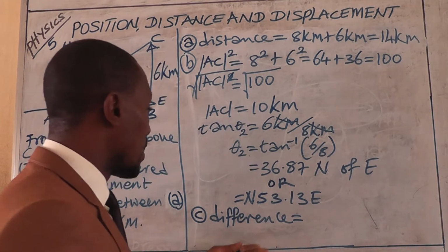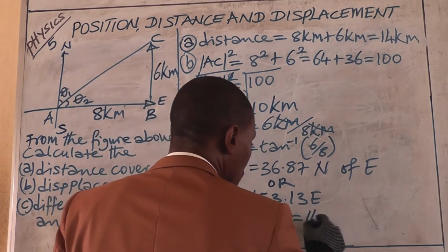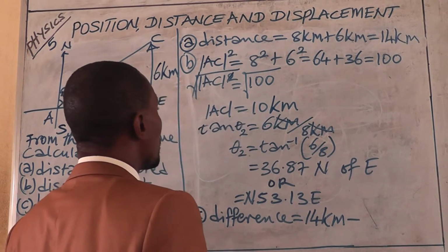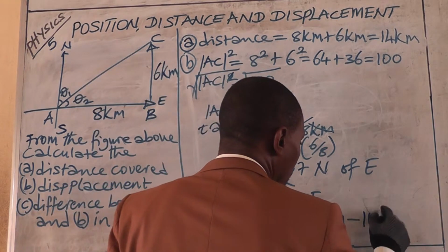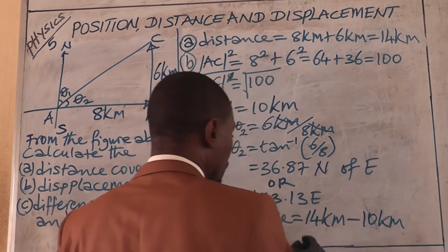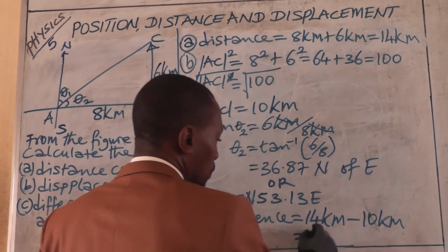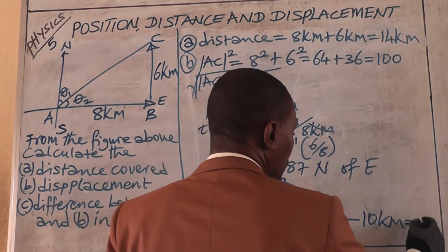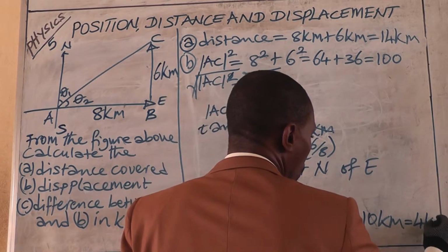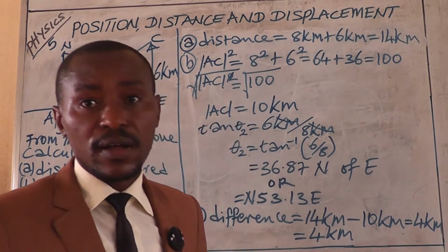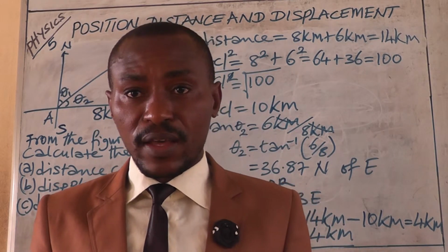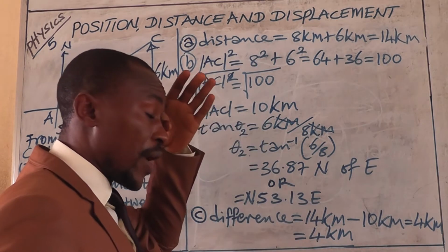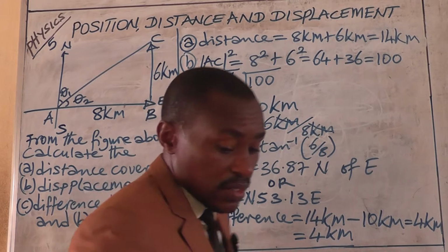So distance value, which is 14 kilometer, minus the displacement value, which is 10 kilometer. And finally, what do you have? 4 kilometer. 4 kilometer is the final answer. 4 kilometer is the difference between the displacement and the distance.